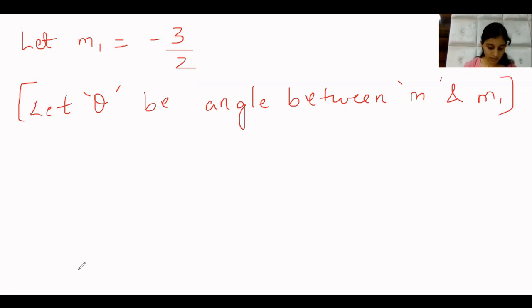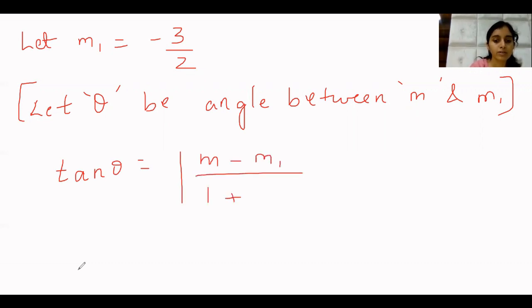So we can write tan theta is equal to m minus m1 upon 1 plus m m1. Normally we write it as m1 minus m2 upon 1 plus m1 m2, right? So here m1 minus m2 has become m minus m1. Okay, now theta is already given, the angle between them is 30 degrees.